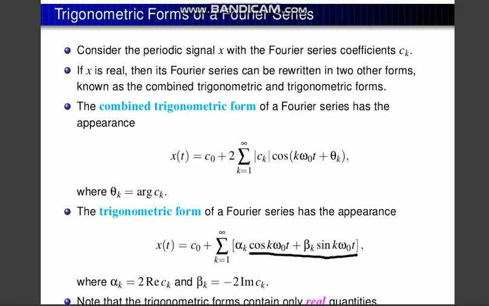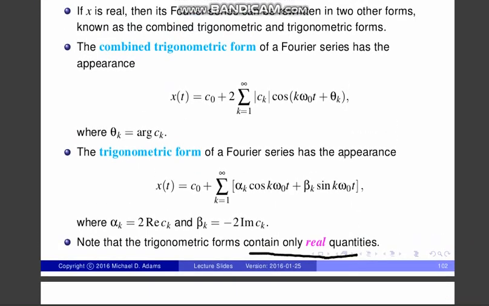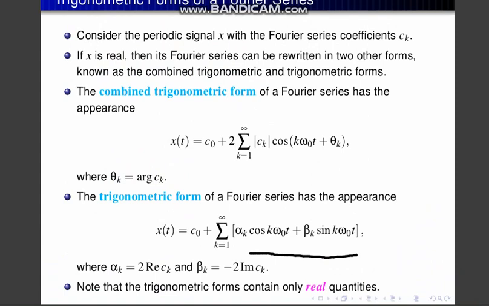As you can see, C naught plus the sum from k equal to 1 to infinity of alpha k cos k omega naught t plus beta k sin k omega naught t. So where is the real value and where is the imaginary value? Alpha k represents the real value of the ck, and beta k represents the imaginary value of the ck.